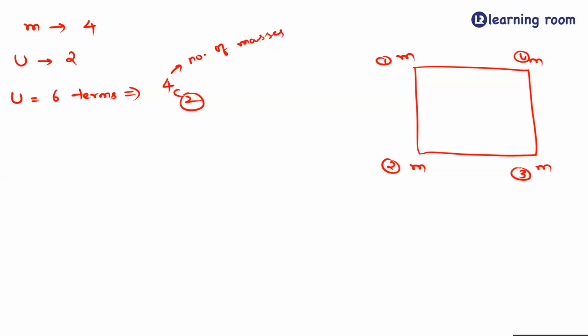Okay. In a similar way, if I use a pentagon, then how many terms will be there in the expression for U? It will be 5C2. Guys, are you there with me?